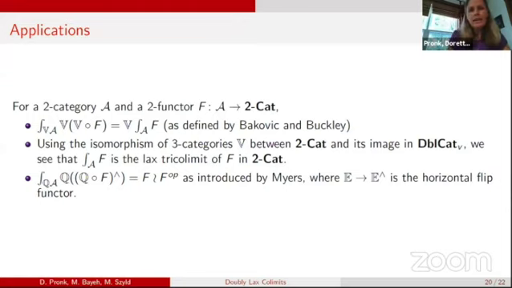But this V is an isomorphism of 3-categories between 2-Cat and its image in DblCat. And so we see that this is a different way of proving that the classical 2-categorical Grothendieck construction is actually a lax tricolimit in 2-Cat. Another one that we just noticed was nice.